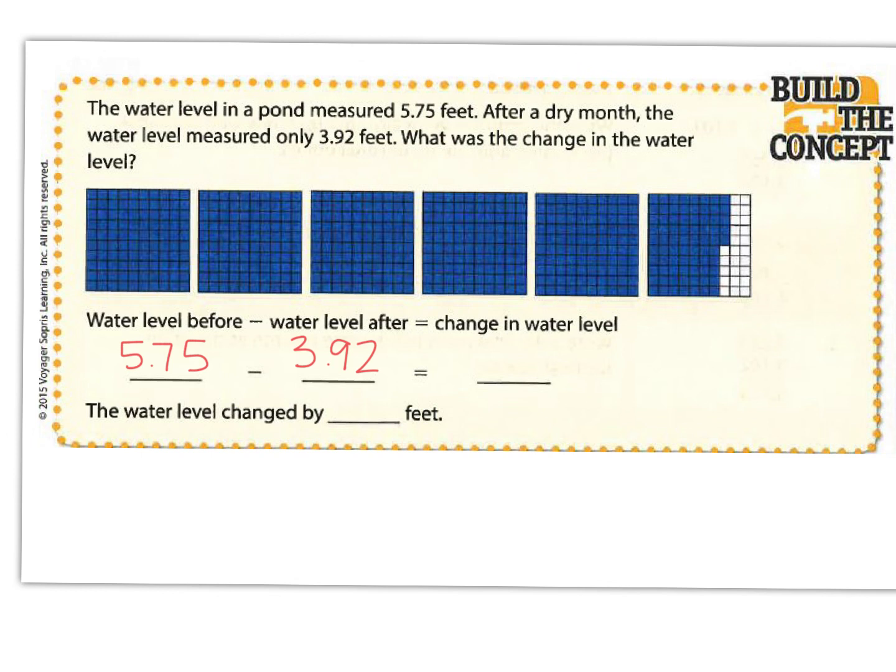So we can use a picture. It's kind of hard because these are dark, but we can cross off. The blue squares are representing 5 and 75 hundredths. We're going to take away 3 wholes, 1, 2, 3 wholes, and then 92 hundredths. Well, 92 hundredths would be 9 of those columns, so we would only have that 1 column left over.